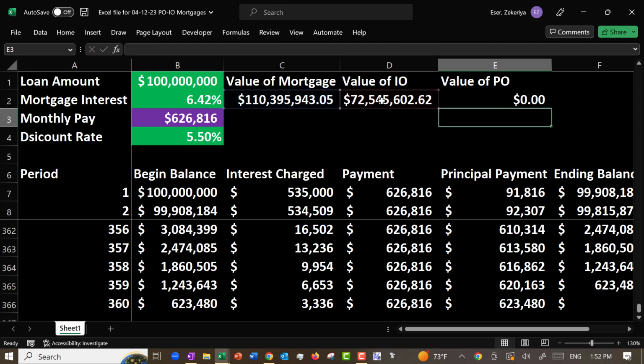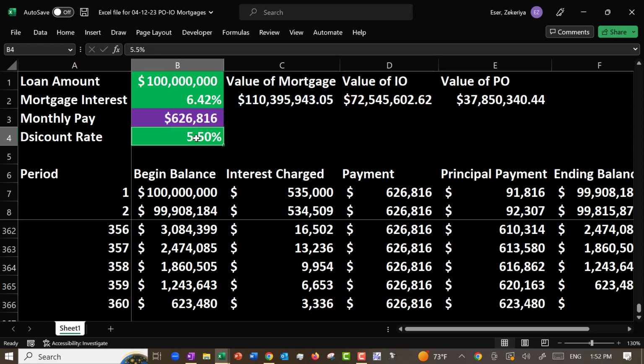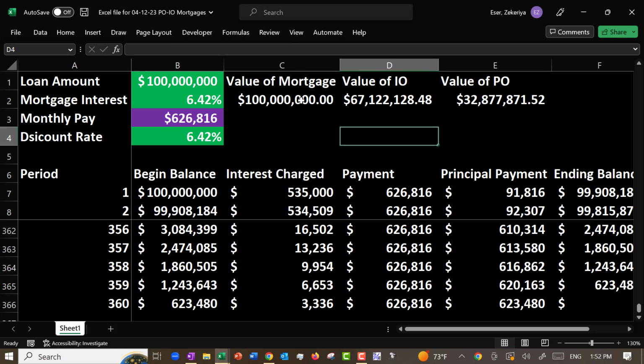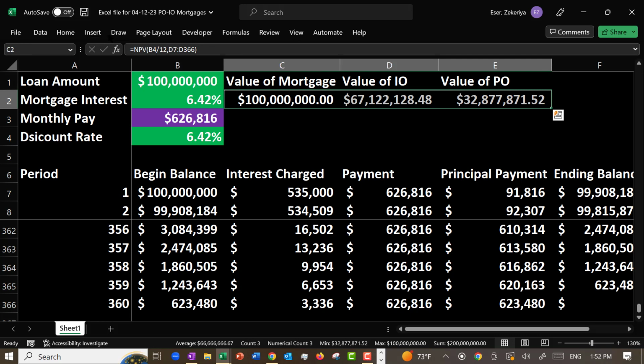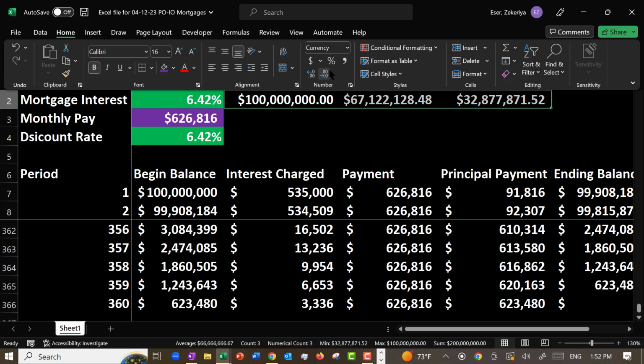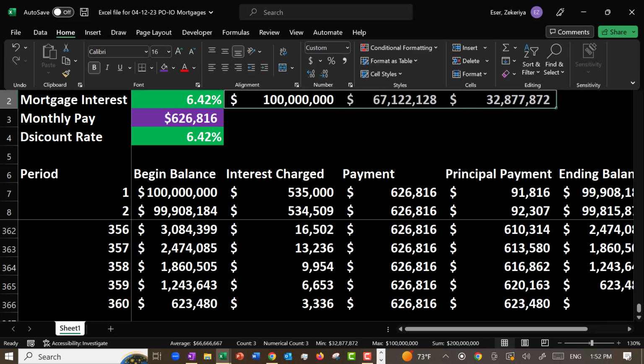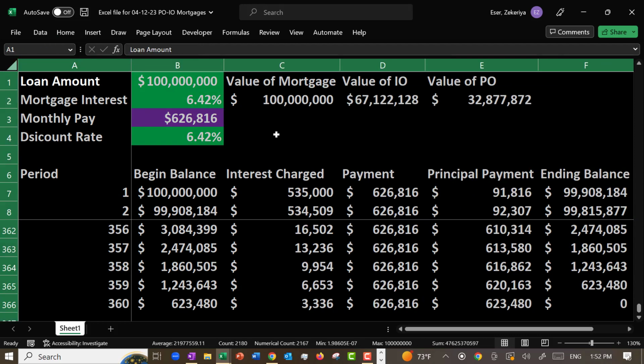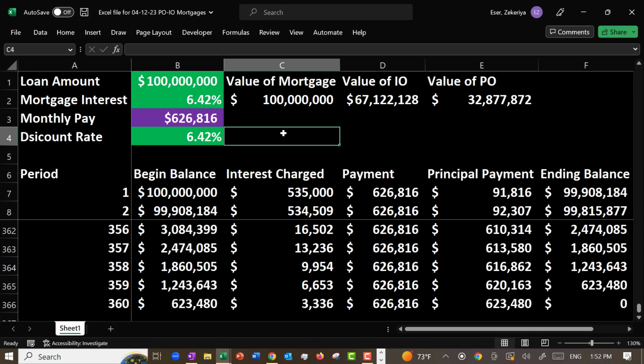If they were the same, obviously the value of the mortgage would be exactly the same as value of the loan. So if there are no prepayments, the job is easy.